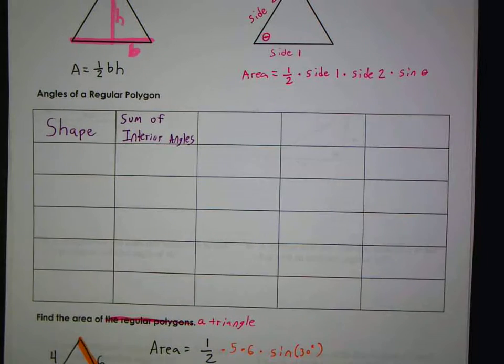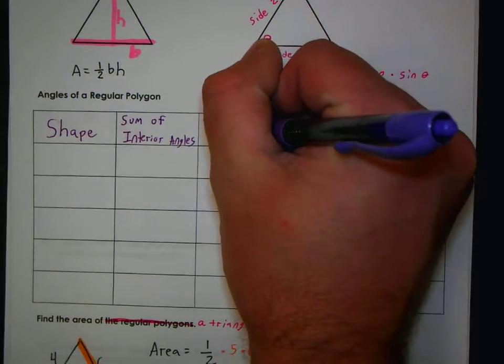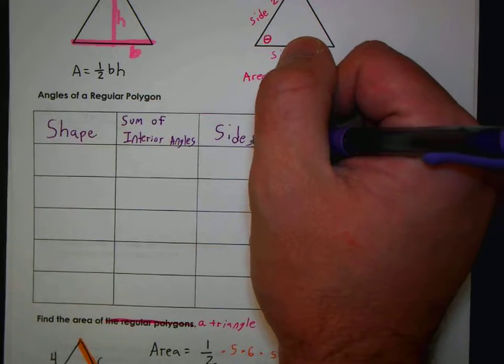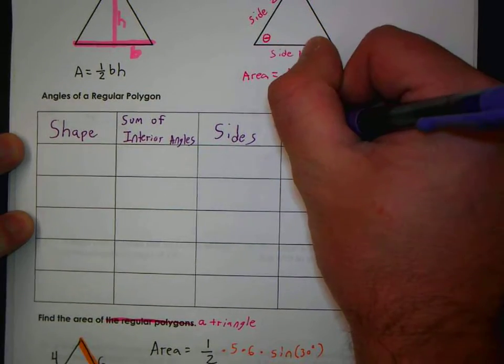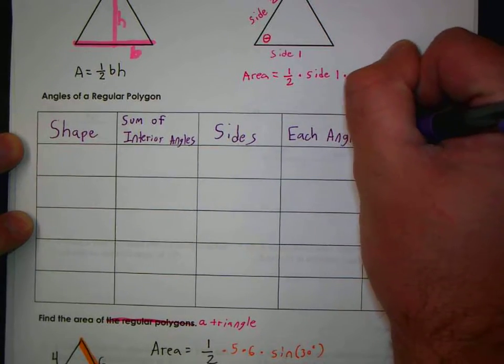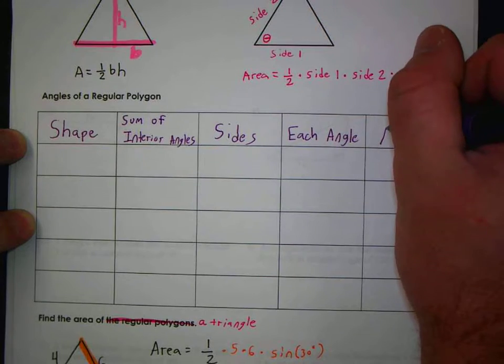We'll let this be the number of sides. We'll let this be each angle. And then we'll let this be the area column.